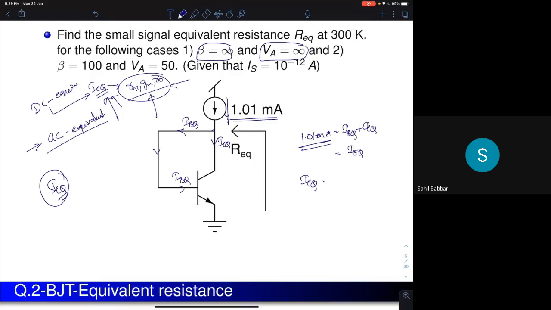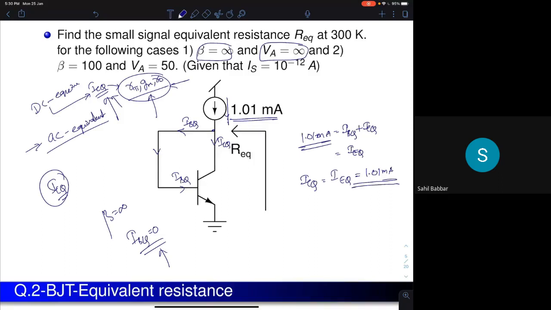What happens if beta is infinity? What will be your base current? Your base current will be 0. That's it, you got it, right? If beta is infinity, your base current will be 0. IC will be equal to IE. So your quiescent current will be equal to this. Therefore your IC will be 1.01 milliamperes.